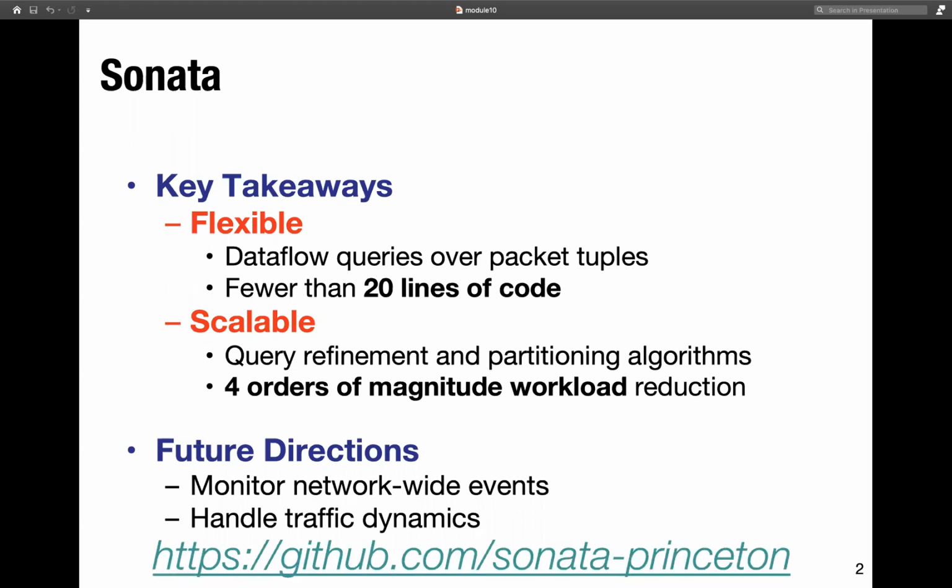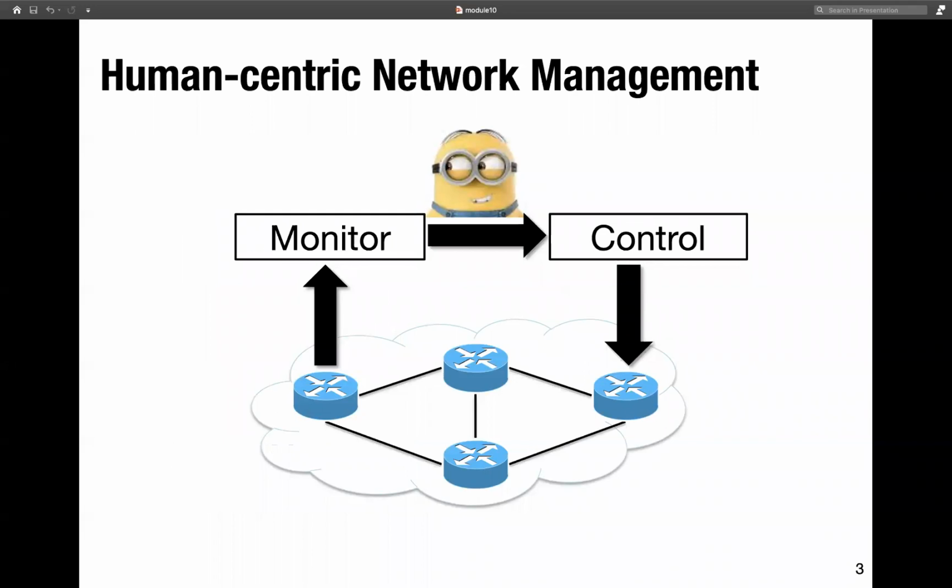So moving on, I want to talk about the use of network telemetry and how that is related to network management, right? If you remember when we were talking about telemetry systems, I mentioned that network operators are interested in figuring out what really is going on in the network, right? So they want to understand the state of the network. And then based on their understanding, they make some decisions about the network.